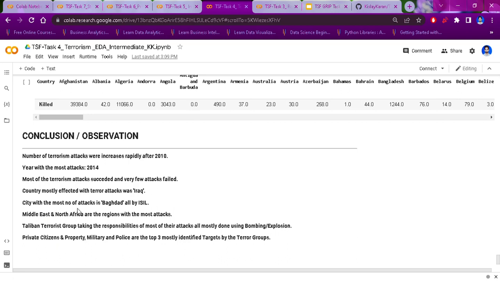The city with the most attacks is Baghdad, all performed by ISIS. The Middle East and North Africa are the regions with the most attacks. The Taliban terrorist group took responsibility for most of their attacks, mostly done using bombing and explosion. Private citizens and property, military, and police are the top three most identified targets of the terror groups.